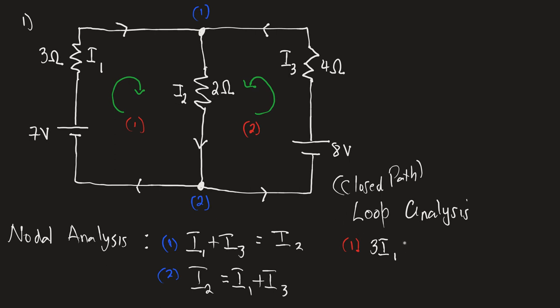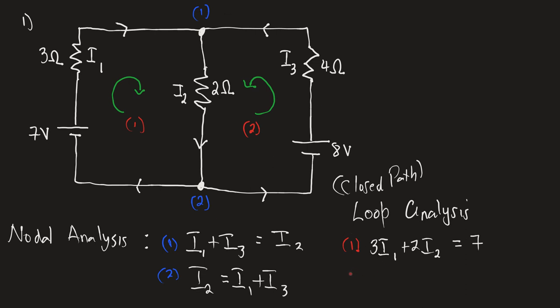So that would be plus 2I2. There are no other resistors in that loop, but what we do have is our battery, and the principle is that this sum has to be equal to your voltage, right? So your total voltage, which in this case is 7, right? So there is a second constraint now that our currents have to satisfy.